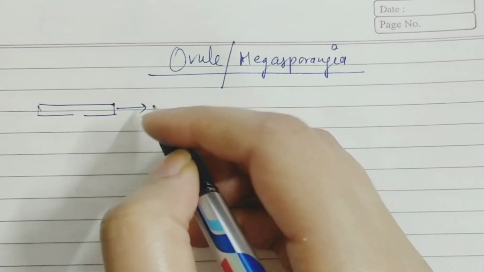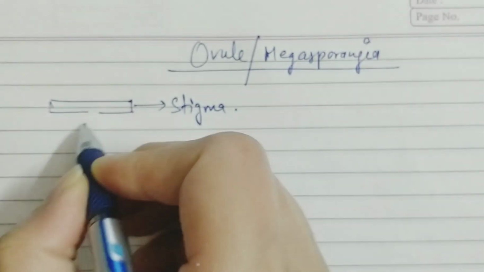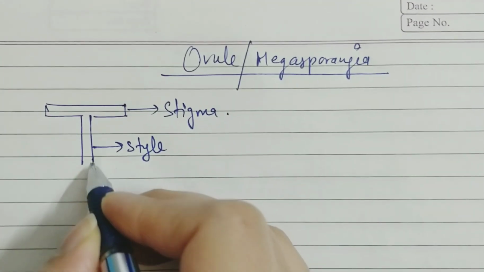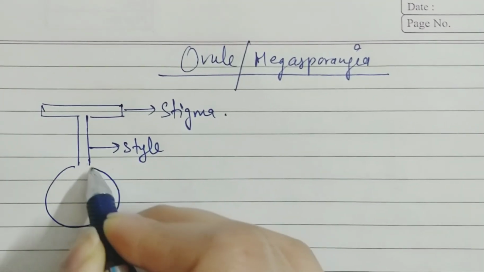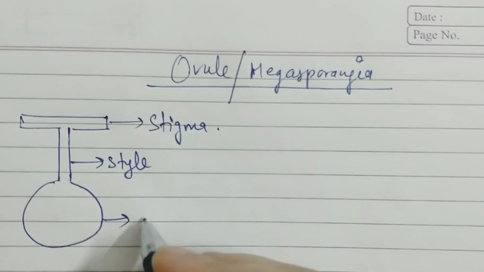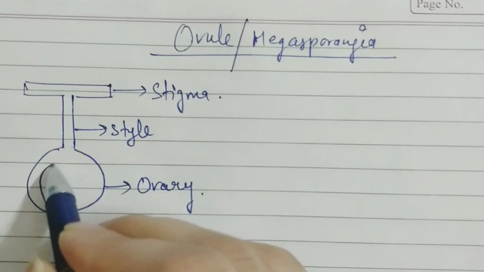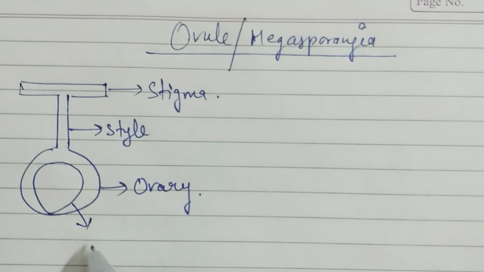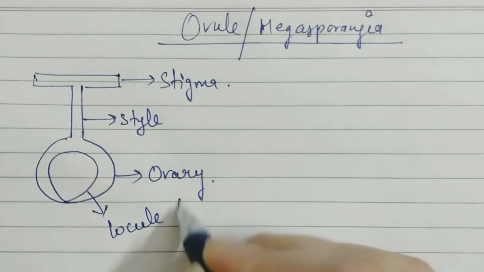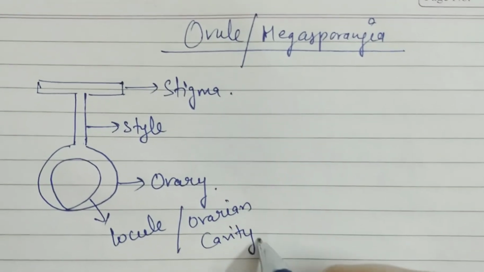The pistil consists of three parts. The first is the stigma, and below the stigma there is the style. The style is attached to a bulge-type structure called the ovary, and inside the ovary there is a cavity known as the locule, or the ovarian cavity.